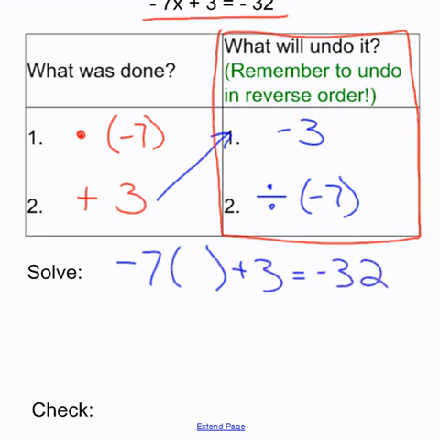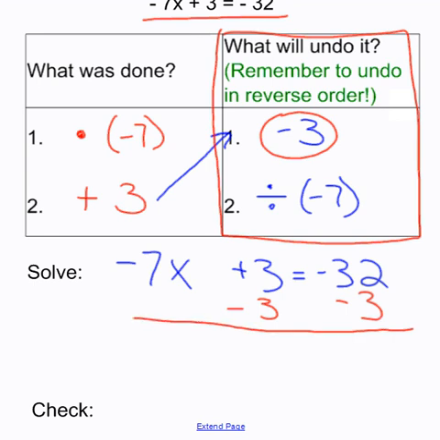Oops, I'm doing the check thing, that's not what we want to do. We're going to put the x in there. So now I'm going to undo the way my set of directions say to do. They say to subtract 3 first, both sides of the equation. So then I end up with negative 7x equals negative 35.